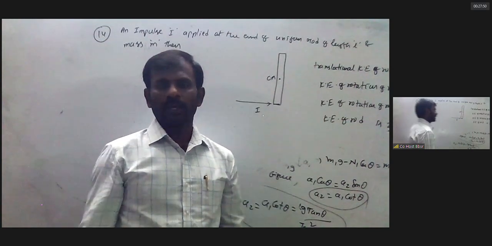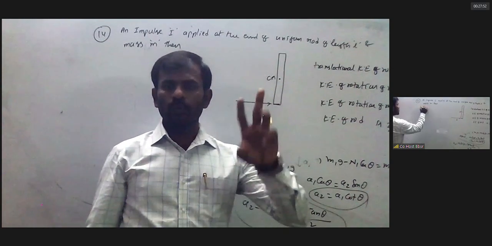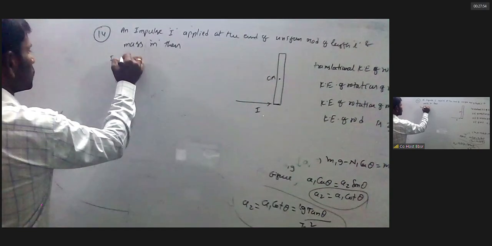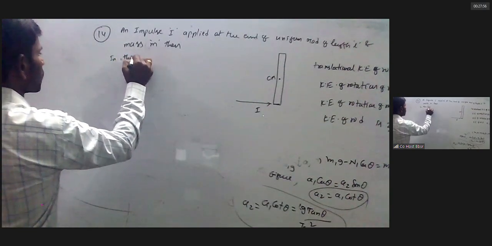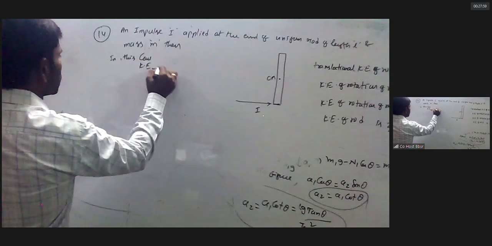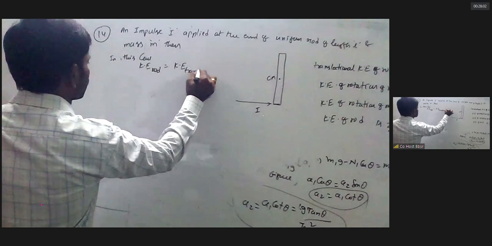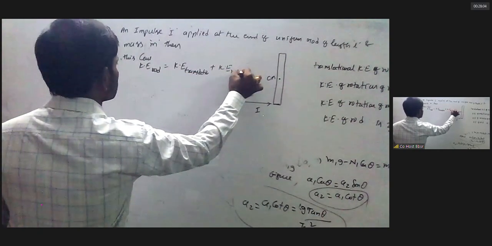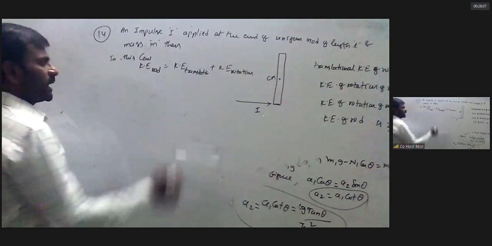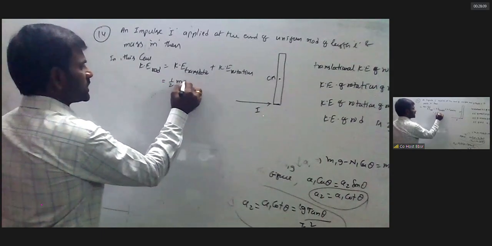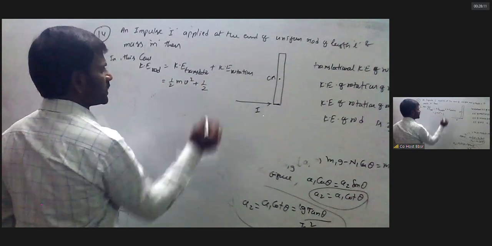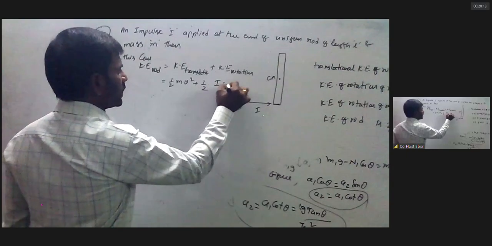What are they here? In this case, kinetic energy of rod equals kinetic energy of translation plus kinetic energy of rotation. Kinetic energy of translation is half m v square. Kinetic energy of rotation is half I into omega square.